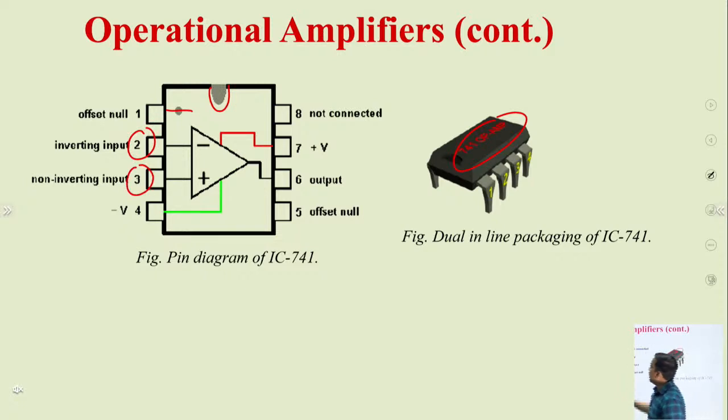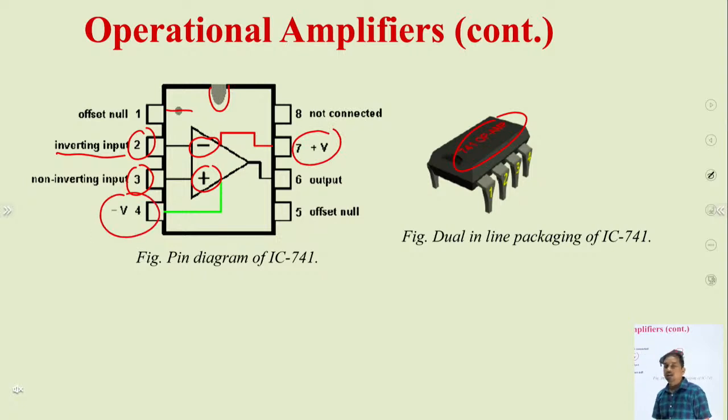Pin number 2 corresponds to the negative terminal of the op-amp, so this input is known as the inverting input, whereas pin number 3 is the positive pin, so it is known as the non-inverting input of the op-amp. Now the advantage of the op-amp is that it operates on a dual power supply.